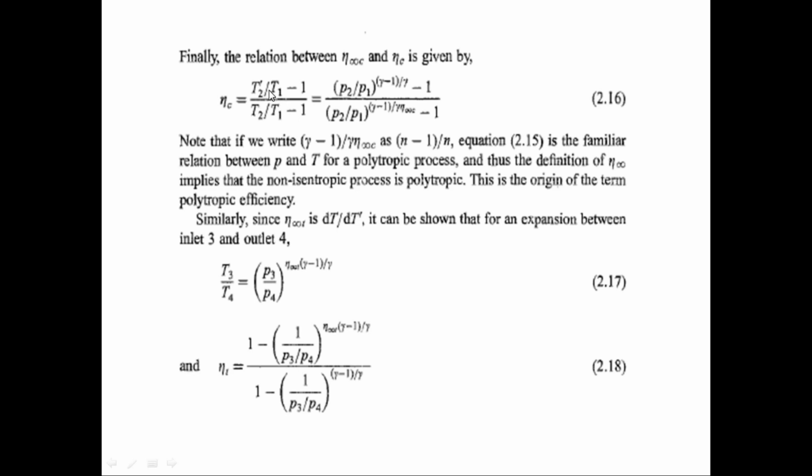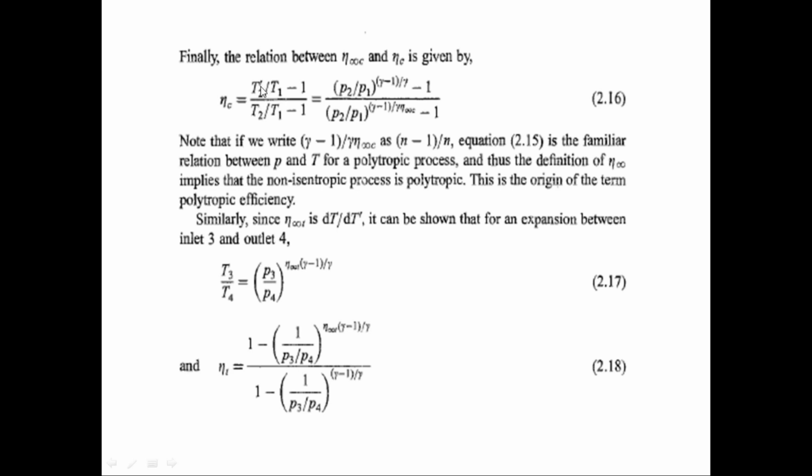If you take T1 as common, T1 in the numerator and the denominator will be cancelled out, and you will have T2 dash by T1 minus 1 divided by T2 by T1 minus 1. So this dash is going to represent the isentropic state.